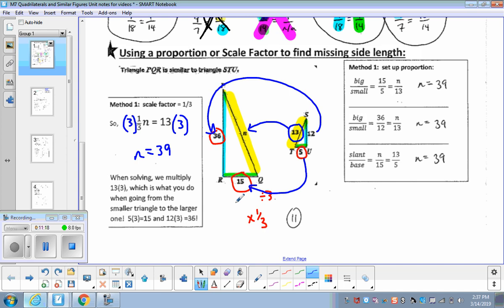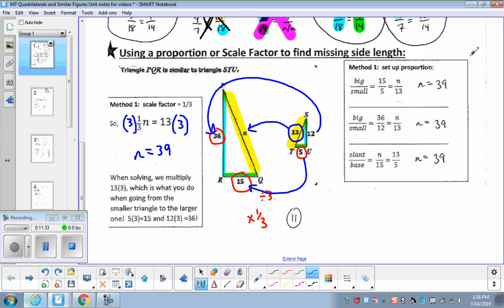So even though we take a third of this triangle to make this triangle, when we solve it, we're multiplying by 3, 13 times 3. It's just 3 times bigger over here to get the 39, okay?